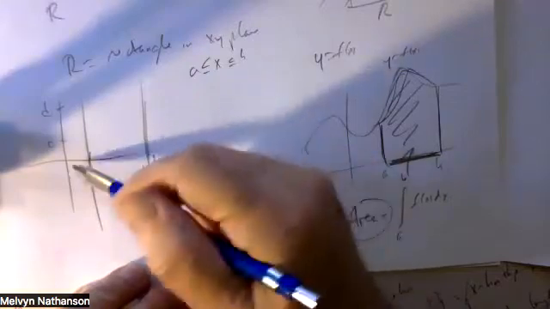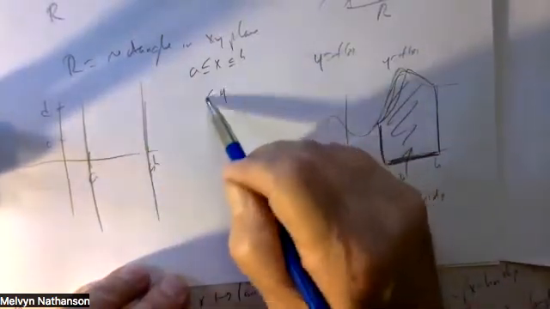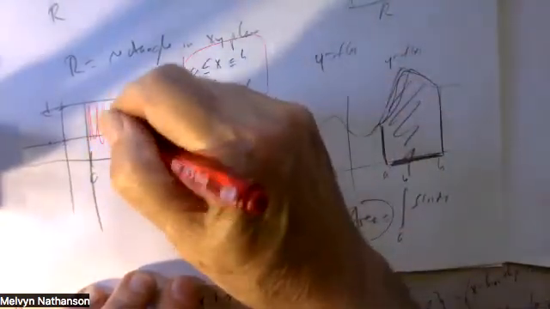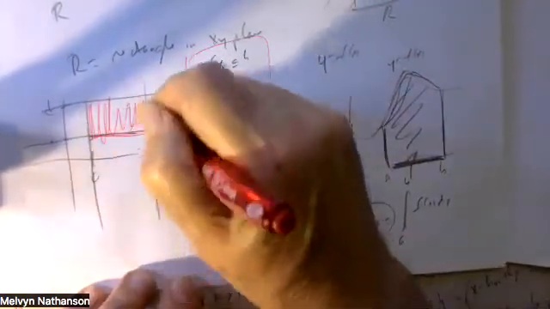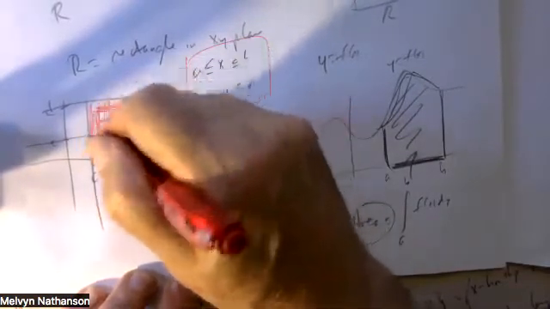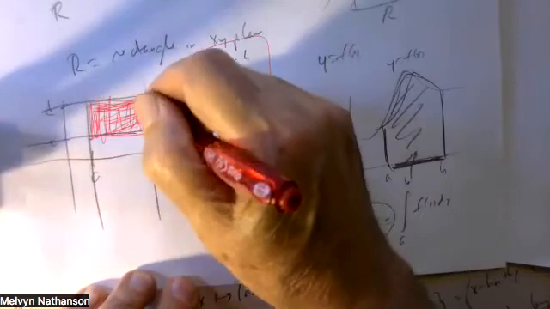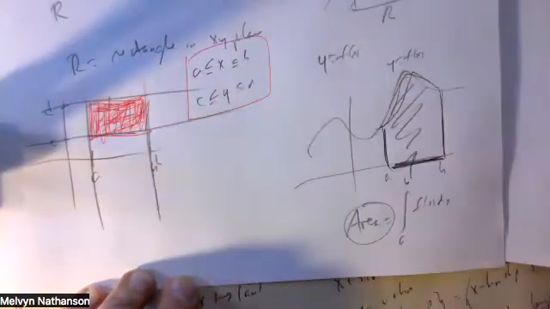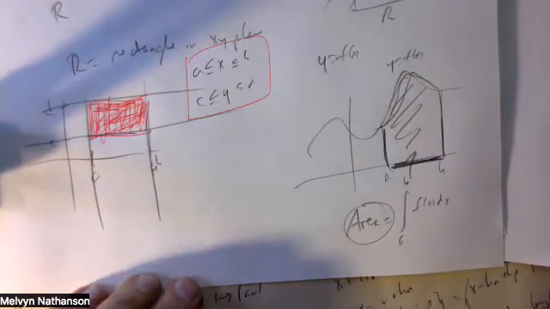So in this strip, but also y between c and d. So y is greater than or equal to c and less than or equal to d. And the set of points that satisfy both inequalities is this rectangle. So this is the rectangle R.